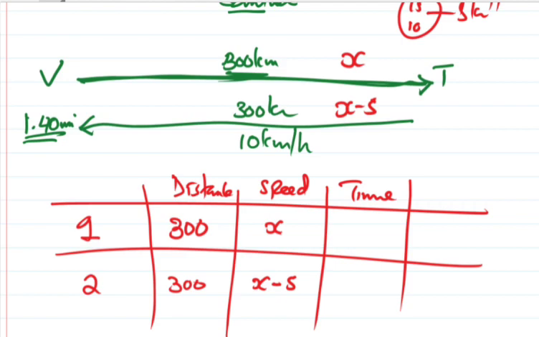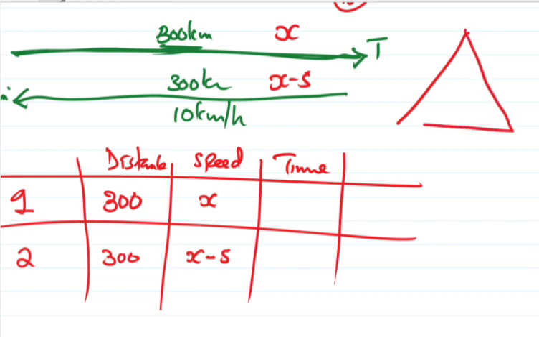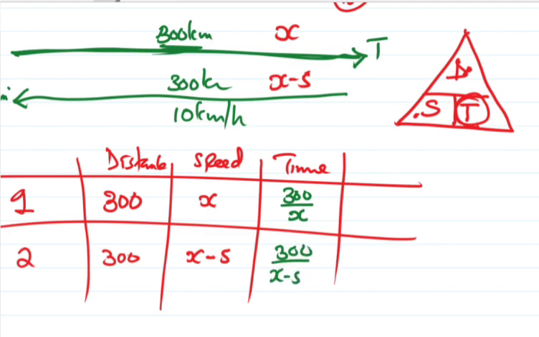Now let's find the time here. For time, we use the famous triangle of speed. When finding speed, we do distance divided by time. So if you are to find the time, we do distance divided by speed. So our time here will be distance 300 divided by speed, which is x, and here 300 divided by x minus 5. That's the time taken.